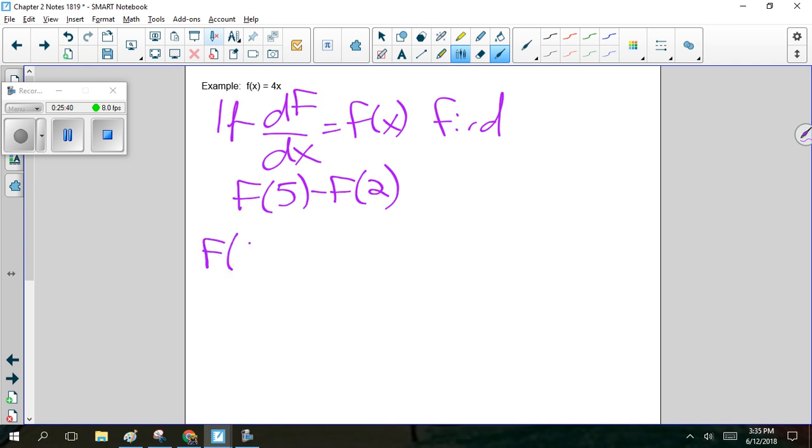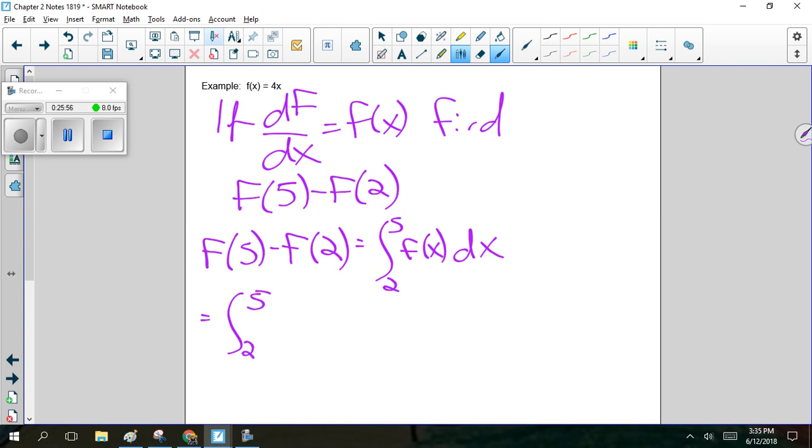F of 5 minus F of 2, these are all capital F's, is the same as the integral from 2 to 5 of f of x with respect to x. That's the same as the integral from 2 to 5 of 4x with respect to x. Now notice we're doing a definite integral here because we know our bounds, right? We're looking for a change in F. So that's a definite integral. We know the bounds. Okay?